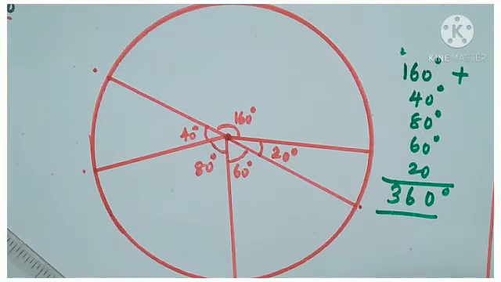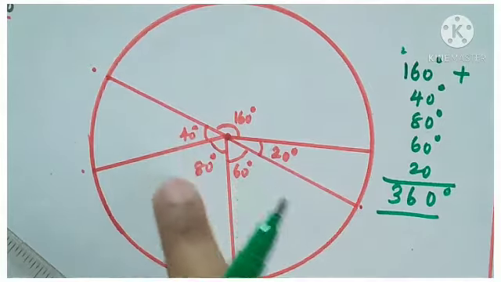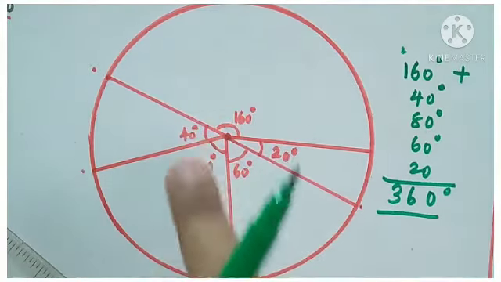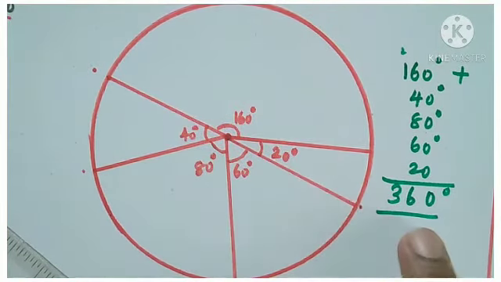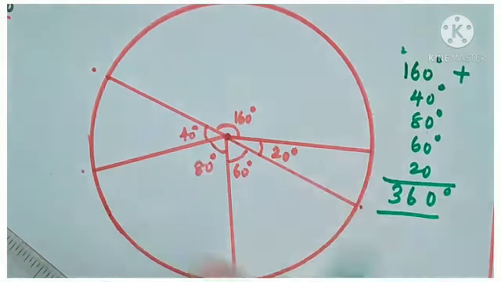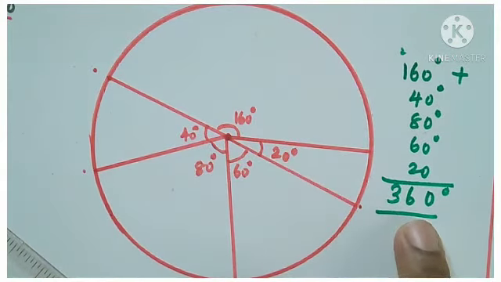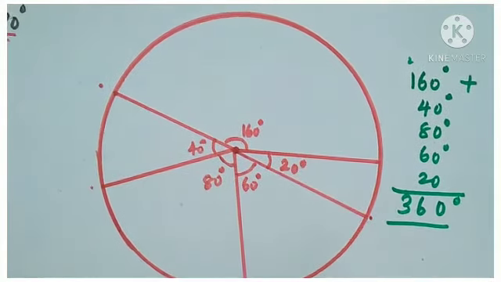So what is the meaning of this? The sum of all the sector angles is equal to the central angle of the whole circle, that is 360 degrees. Understand? So this is the way to construct the pie chart.